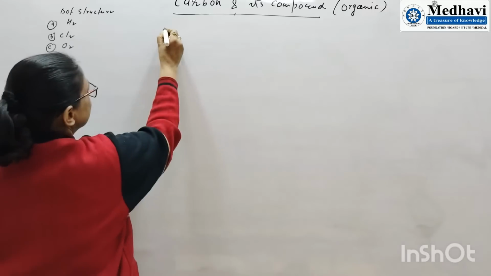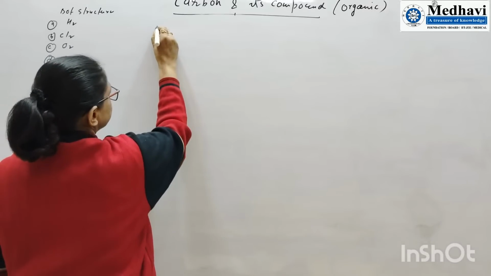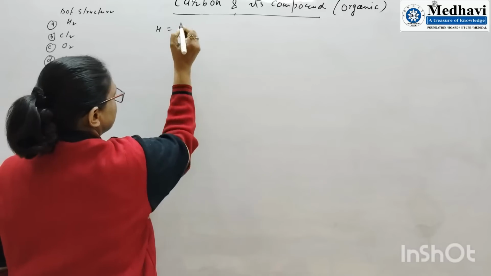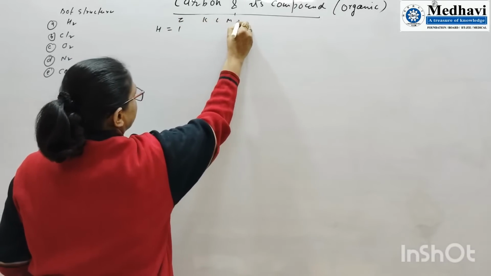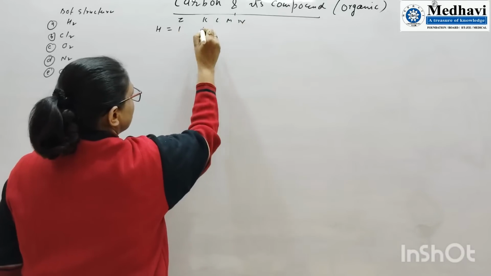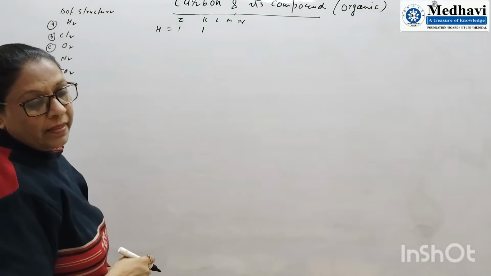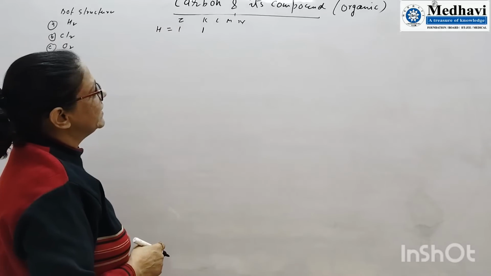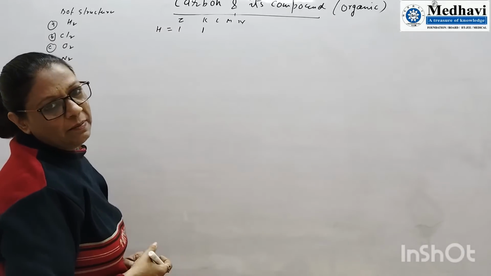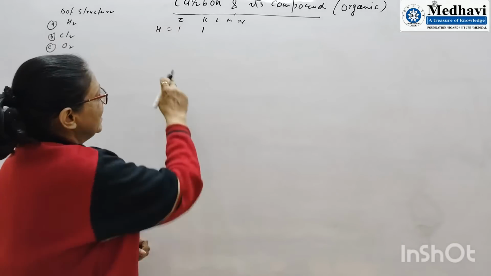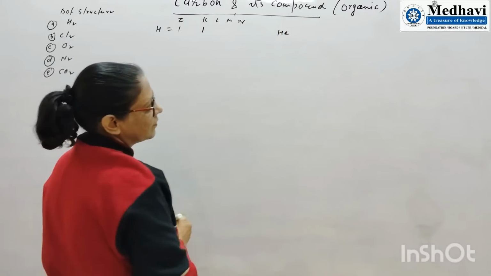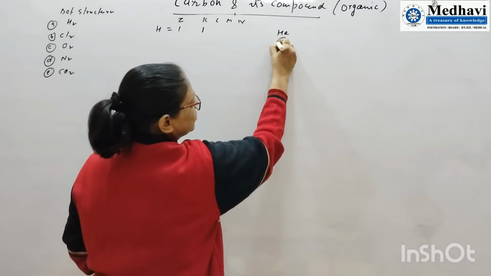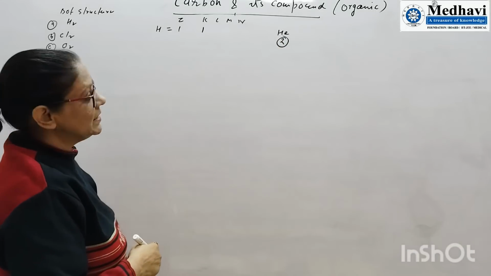If we see the structure of hydrogen, the atomic number is 1 and it has only one electron in its shell. To complete its stability, its nearby inert gas is helium, whose stability is 2 electrons.